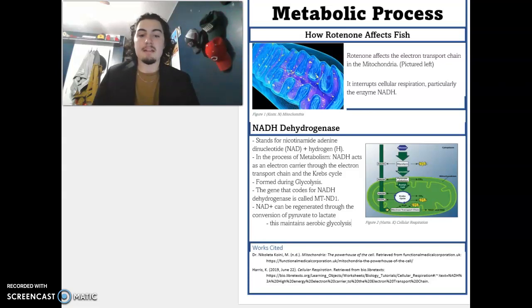Reducing cellular uptake affects the oxygen concentration within the cells. When oxygen levels fall or are reduced, there is a shift from aerobic metabolism to anaerobic metabolism, which leads to the accumulation of lactic acids, which also reduces adenine triphosphate, which is the energy that is required to produce oxygen and break down glucose.